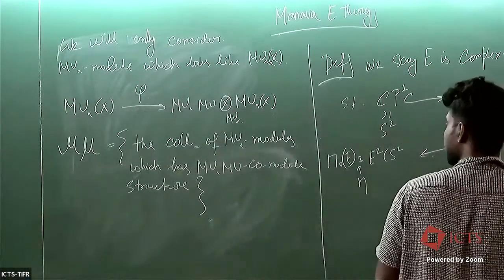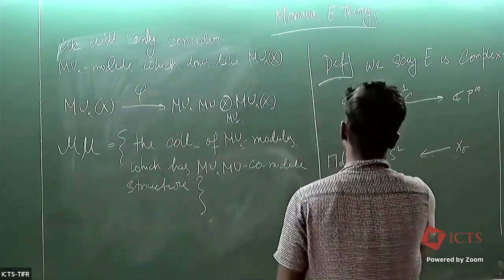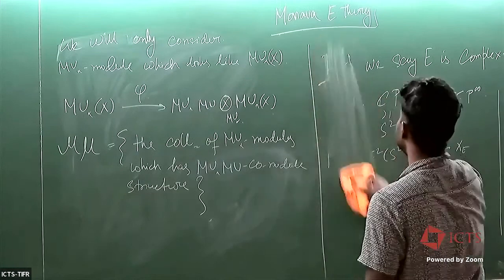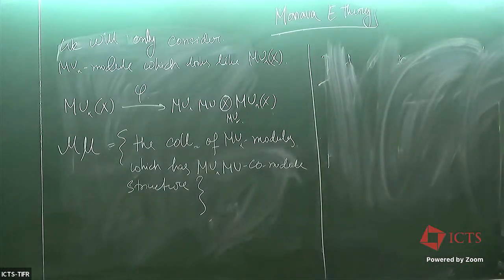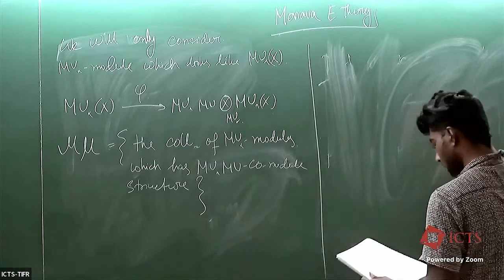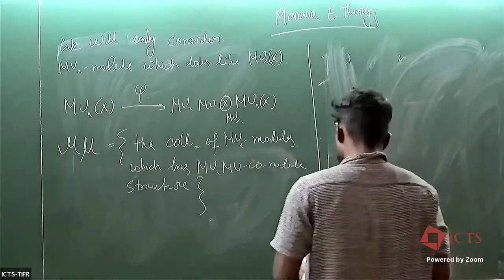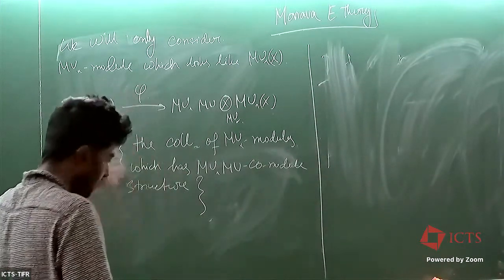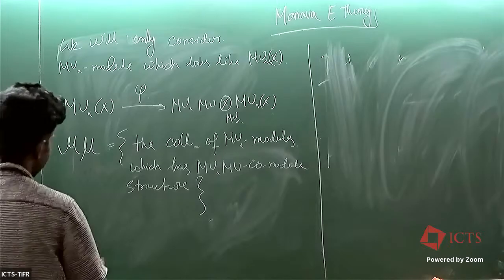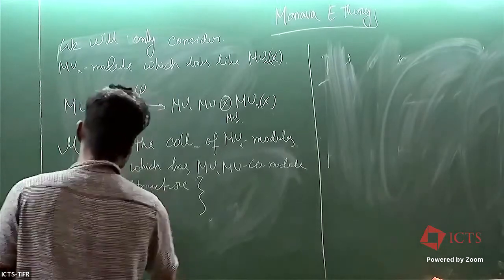So this is the category of mu star mu comodules, and a map between them is basically, if I have m and n in this category, these are the objects.